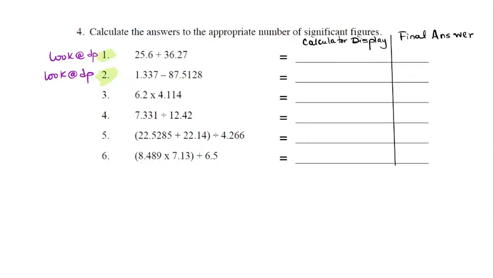Excellent. Let's go over these two problems. So when we look at the two measurements that we have here, the digits that have been given to us are 25.6, which has one decimal place, and then 36.27, which has two decimal places.